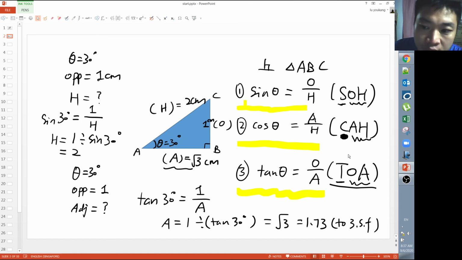You can use this SOH CAH TOA to figure out the adjacent, opposite, or hypotenuse of your right angle triangle. Please bear in mind, very important over here, it has to be a right angle triangle before you can make use of these three rules.